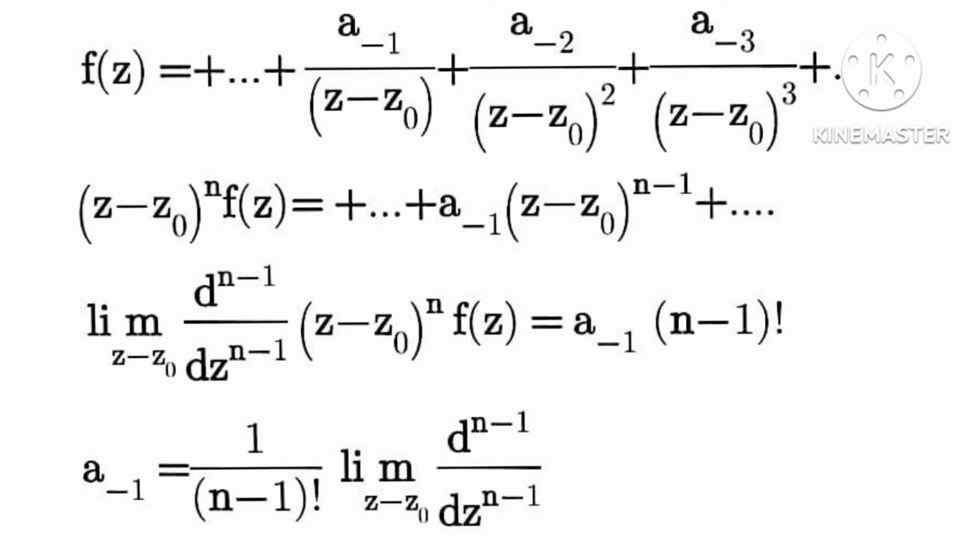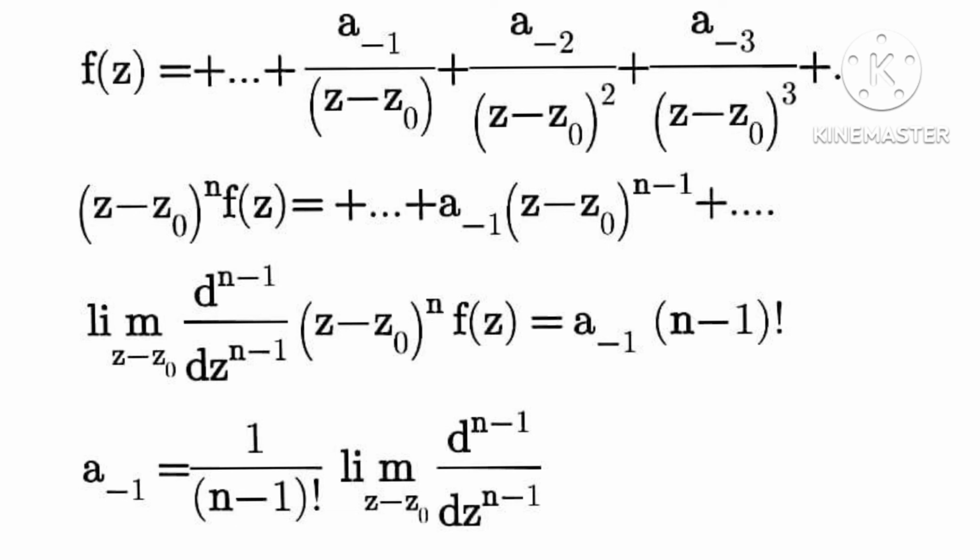So when you multiply with z minus z naught all raised to power n, we have the first one to be raised to power n minus 1, the second one to be z minus z naught raised to power n minus 2, n minus 3, and so on like that.